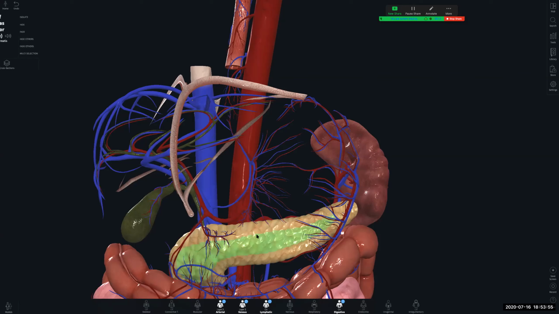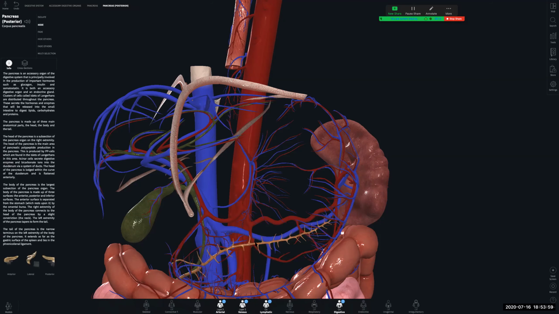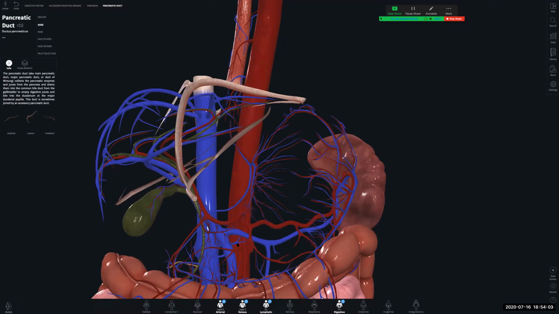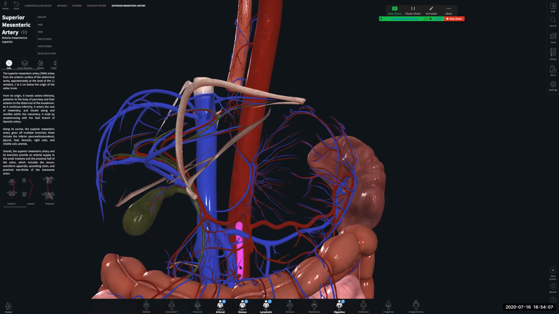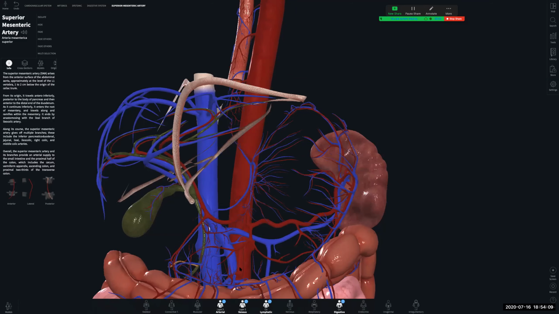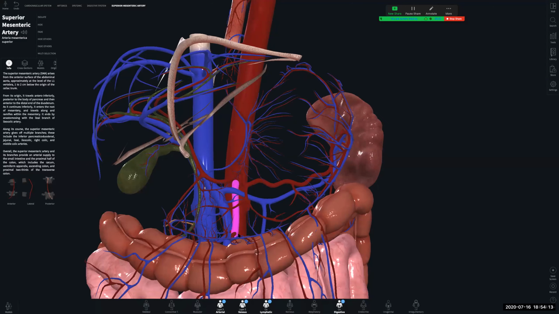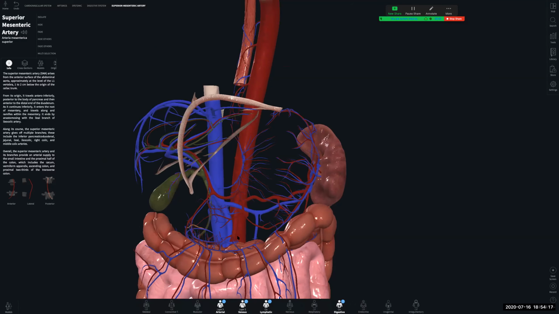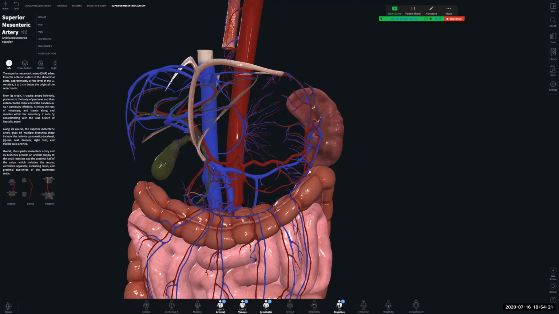Moving further down your abdominal aorta, we have the superior mesenteric artery. This is the superior mesenteric artery. You can see its supply to the small intestine and the proximal half of the large intestine.